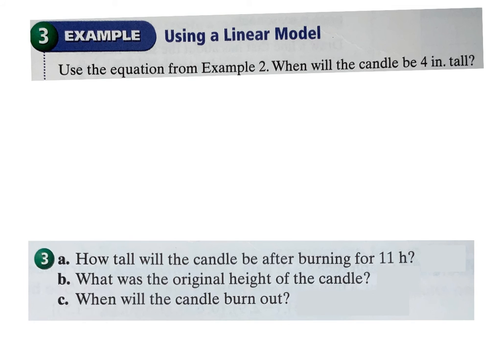The next thing we're going to do is we are going to be using a linear model. So we just use the equation from example 2. So the equation that we had was y equals negative 1/4 x plus 6 1/4. So now that we have that, we can then predict things from it. When will the candle be 4 inches tall?